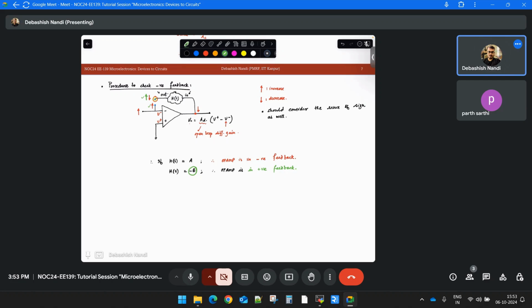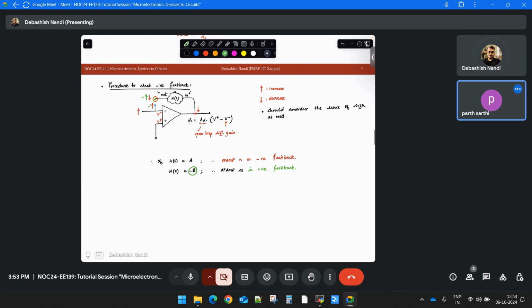In the same case, by connecting the feedback at the inverting input of the op-amp, we have got both positive and negative feedback. So now you know how to check this without writing the transfer function. Just use this arrow diagram, take the signs into consideration, and you will easily get the sense of feedback.